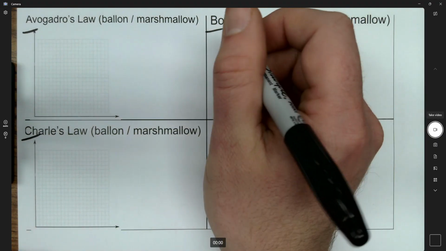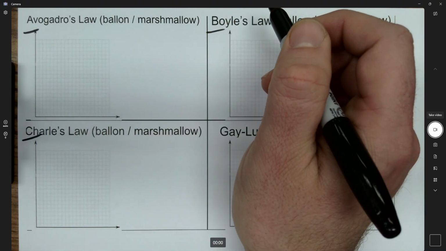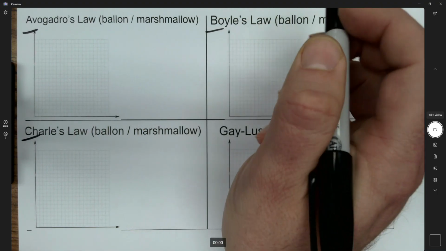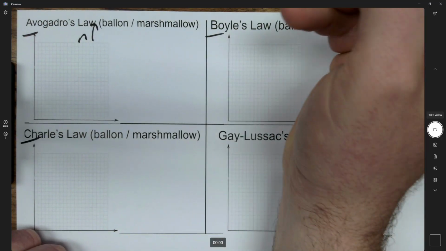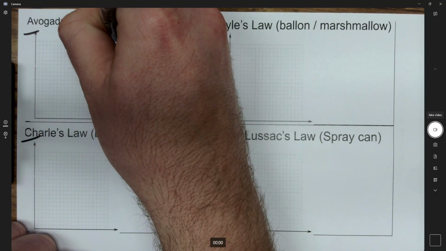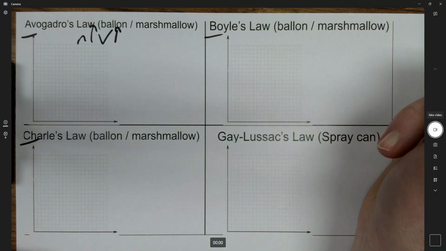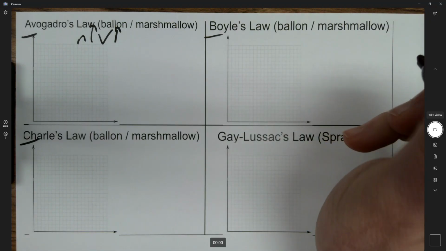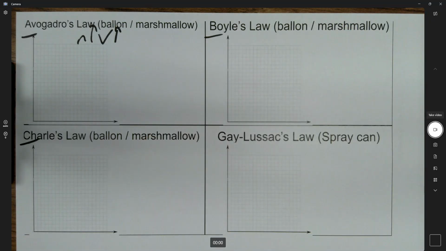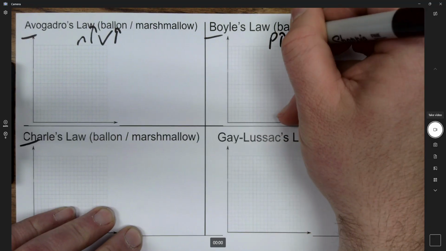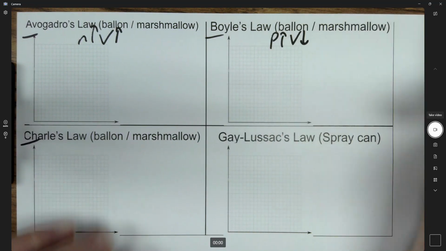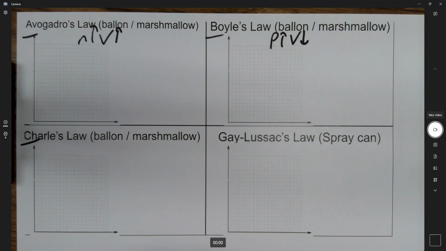Station 1 represented Avogadro's law, where as the number of moles increased, so did my volume. Boyle's law was Station 2. As my pressure increased, my volume decreased.